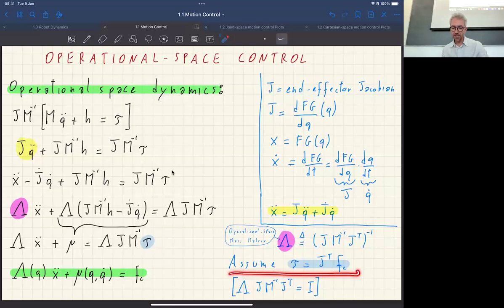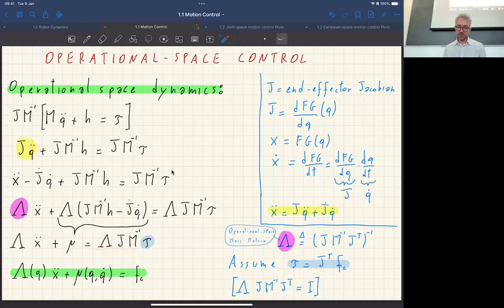And the reason why I'm doing that is that it allows me to simplify also the equation, because if I substitute tau in there, what I get pre-multiplying FC is lambda times J M inverse J transpose. But lambda is exactly the inverse of J M inverse J transpose by definition. So I'm getting a matrix times its inverse. And we know that if you multiply a matrix times its inverse, you get the identity, so you can remove it.